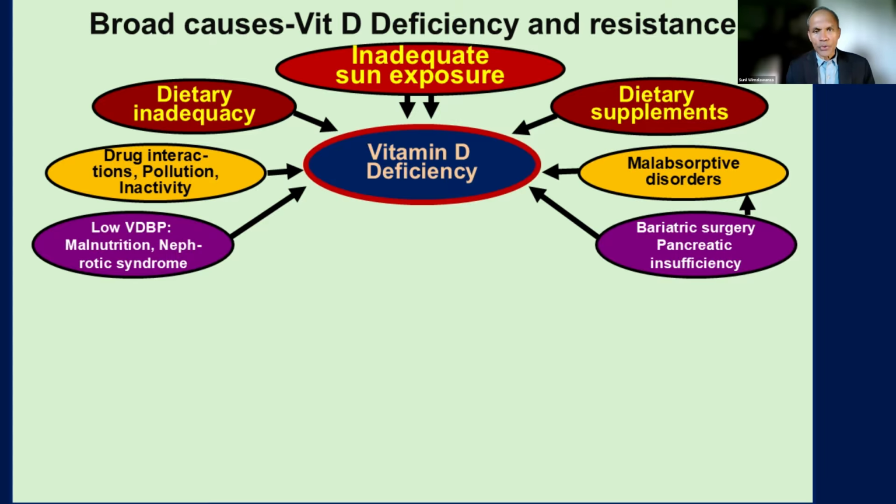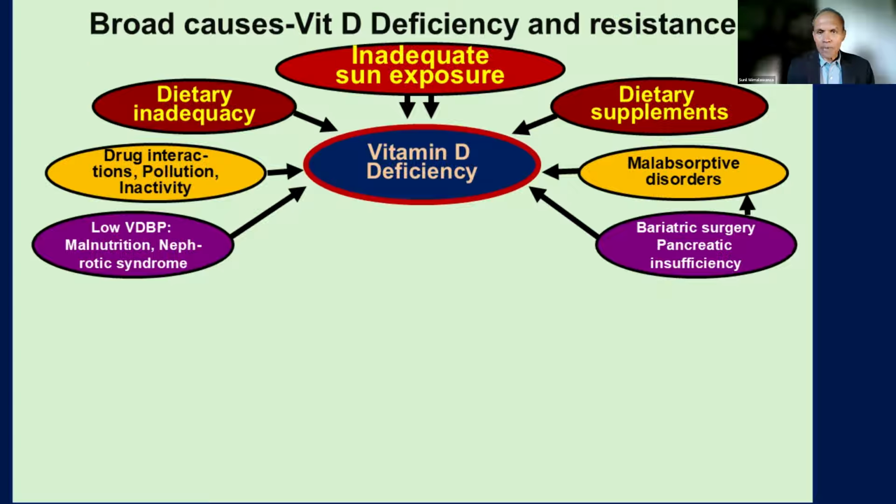And I'm also going to show you what causes vitamin D resistance, which we briefly discussed a couple of minutes ago. So the vitamin D deficiency primarily comes from inadequate sun exposure due to our lifestyle and the place you live.